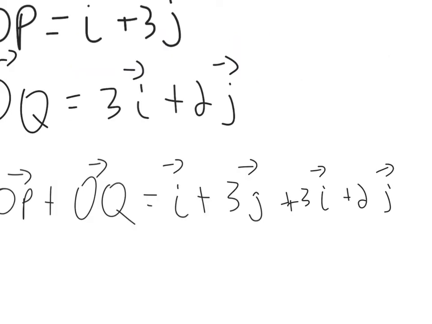So now if we also write OQ in terms of i and j, 3i plus 2j, and then write that addition statement, which is OP plus OQ is i plus 3j plus 3i plus 2j.